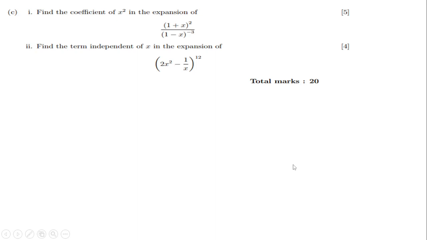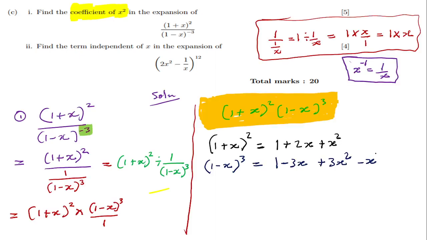When you expand the second guy, this is what you expect to have: 1 minus 3x plus 3x squared minus x cubed. You can use Pascal's triangle to expand, or you can go step by step.